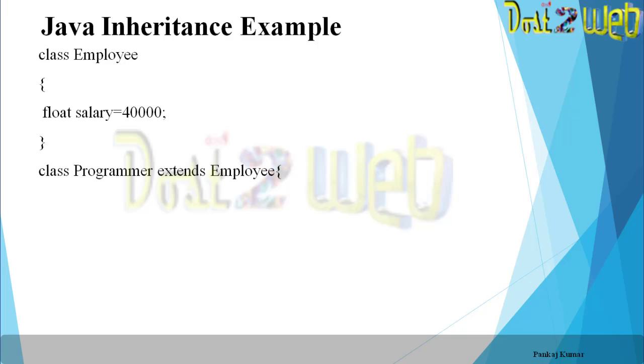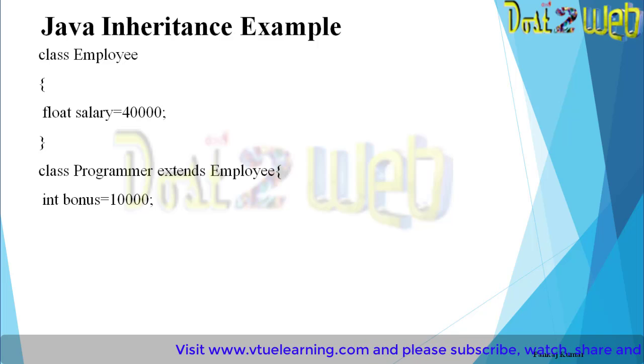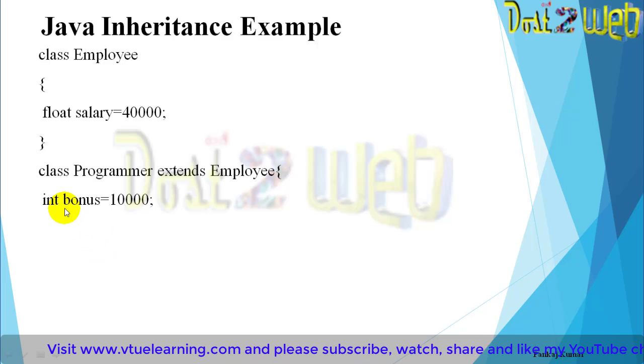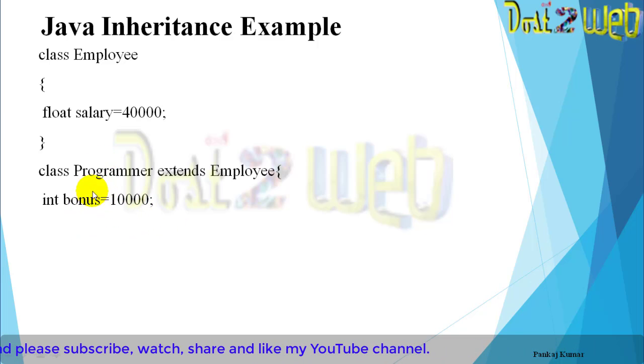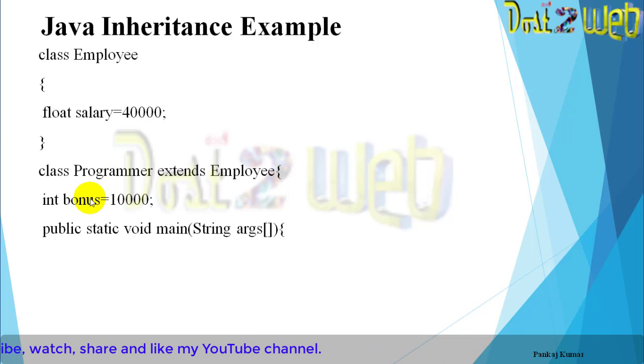Whatever properties are defined in Employee will get added into the class Programmer. Here we are declaring a new variable. As we have seen, we can add new properties or methods into the new class. So we are initializing one variable, that is bonus.